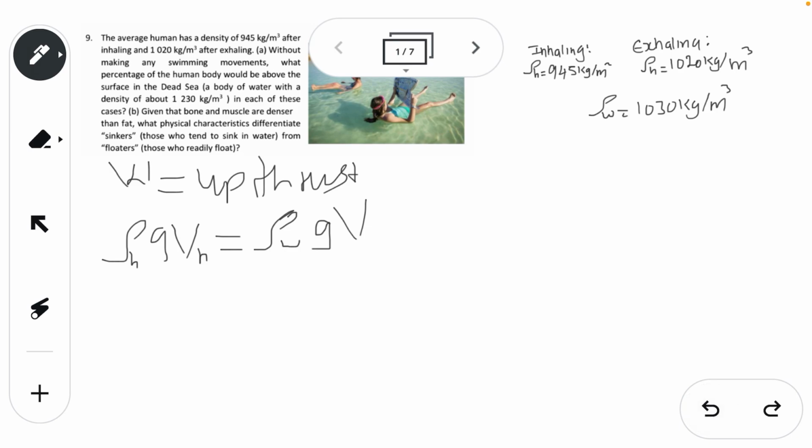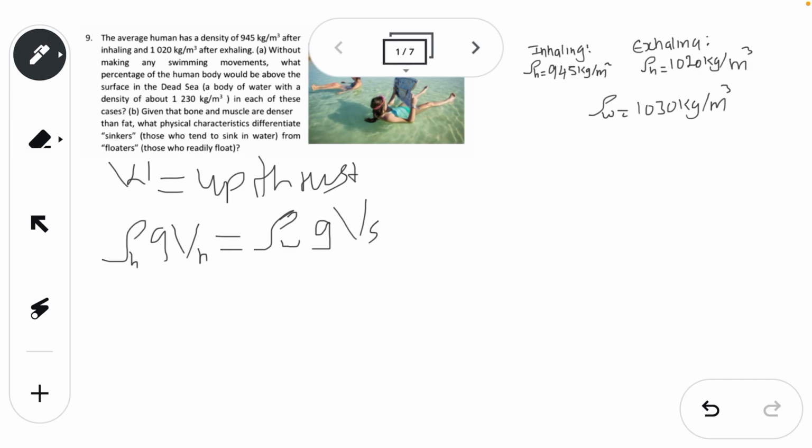Now, the volume of the water: we are going to consider the volume of the submerged part of the human. When a body is placed into water, it displaces some amount of that water, and the volume of the displaced water is equivalent to the submerged volume of the object. So let us consider this volume of the fluid as the submerged volume of the human.